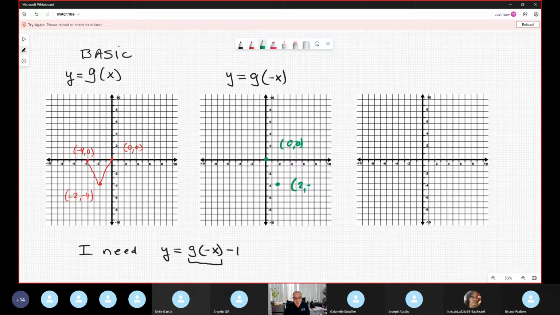Positive 2, negative 4. So this transformation changes the sign of the x value. It's basically change the sign. The x is negative 2; now, when you transform it, it's positive 2. And the y value stays the same. Now, this is (-4, 0).